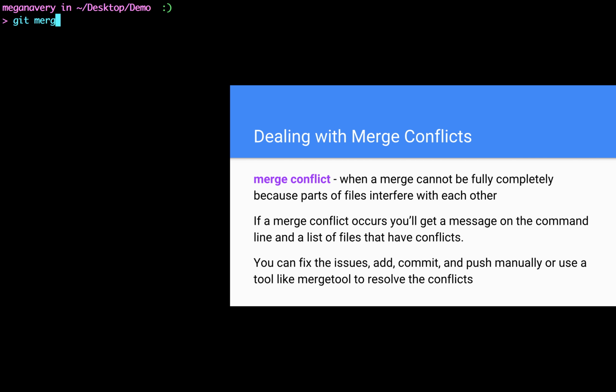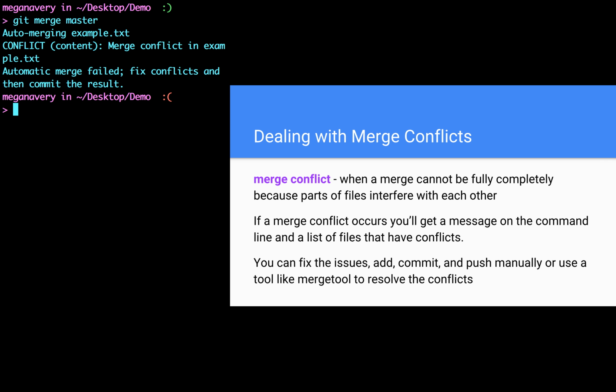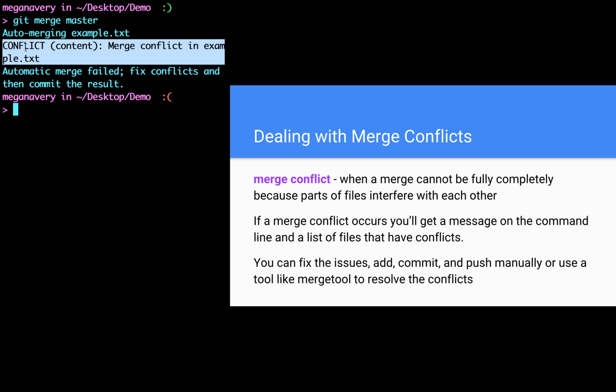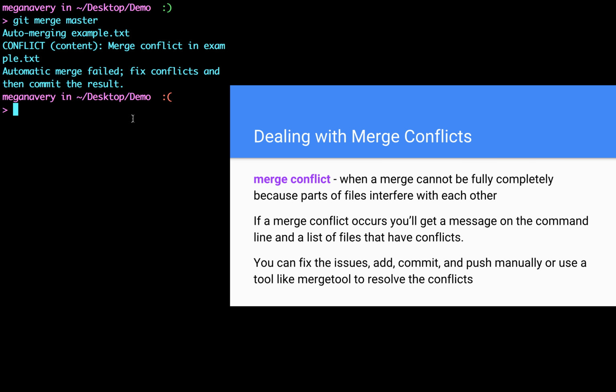Okay, so now I can do git merge master, and I get this notice that I have a conflict. It says conflict in all caps, and then says I have a merge conflict and tells me which file it's in. So I need to fix them and then commit the result to make those 2 branches in sync.